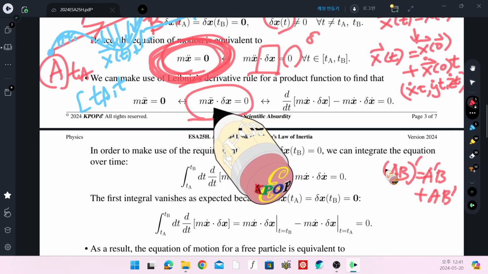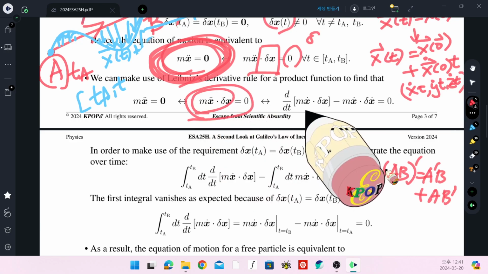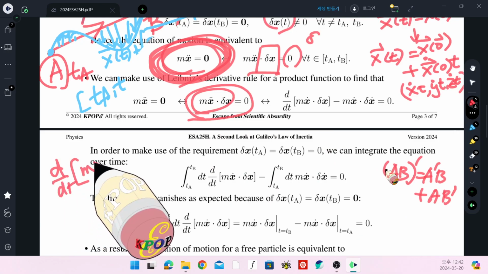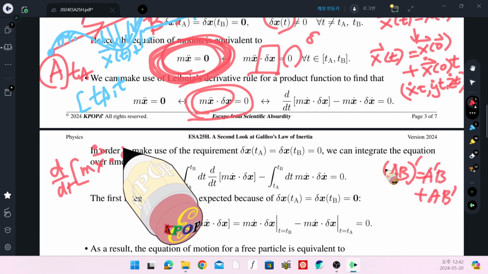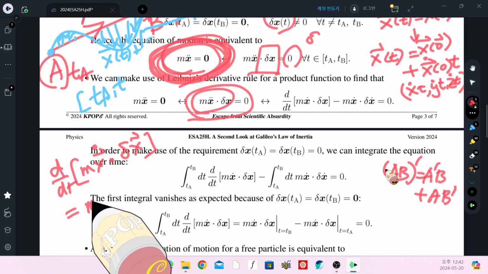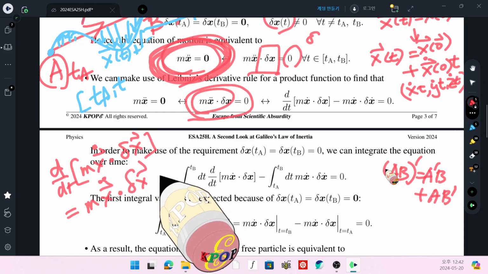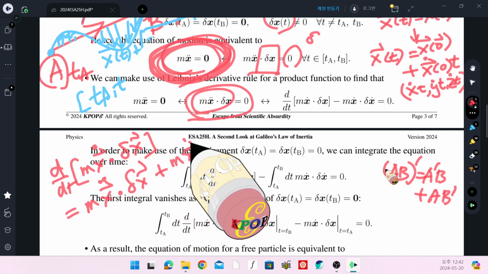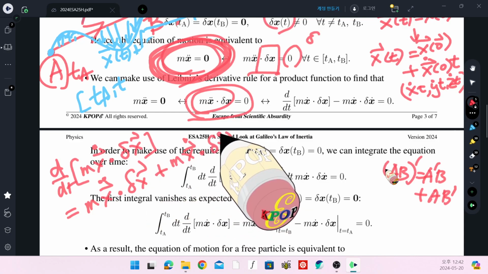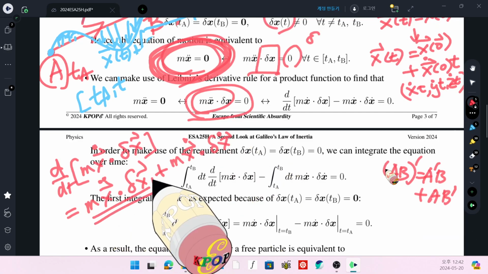So why don't we rewrite this one in terms of this. So d/dt of the linear momentum, velocity scalar product with the variation. If I take the derivative, it's acceleration scalar product with the variation, plus mass times velocity scalar product with the variation of this velocity. Okay, this is what we had.